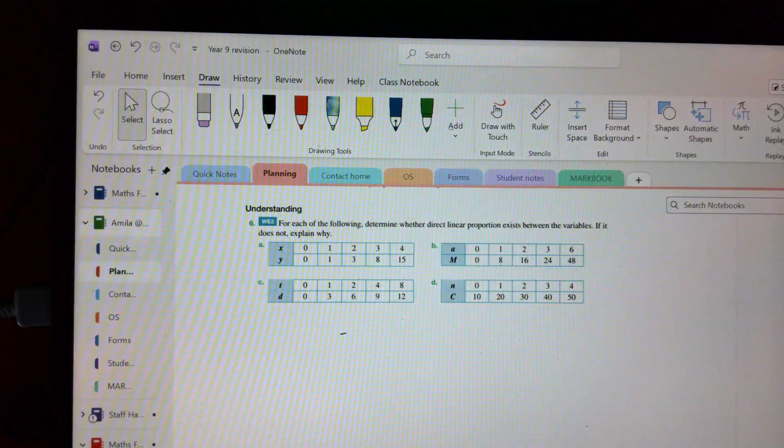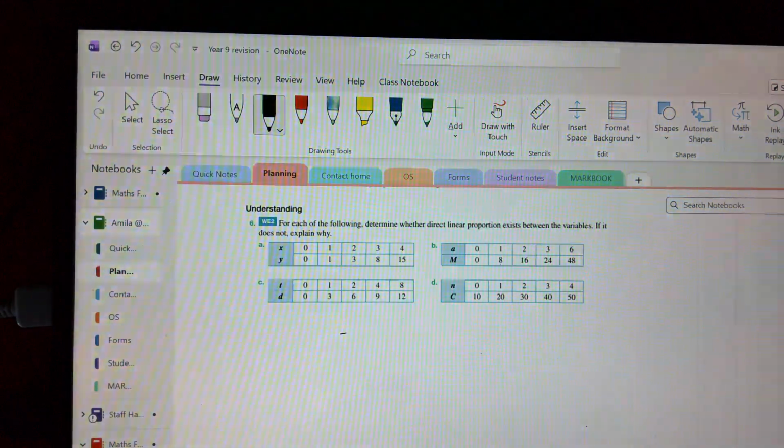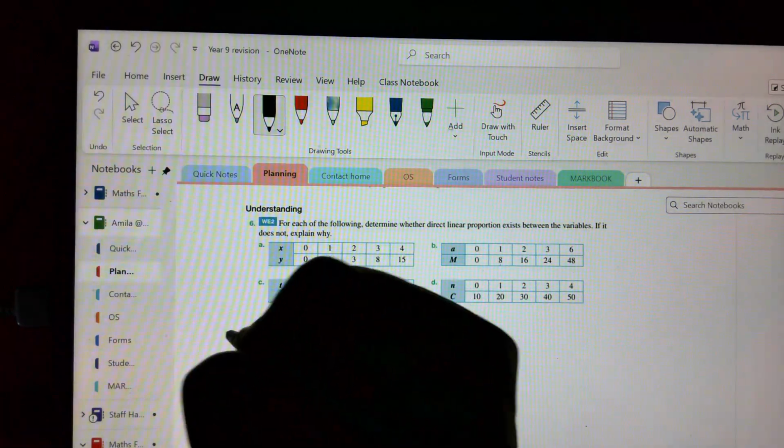Alright, for this I'm going to do A and B, and all you have to do is determine whether the direct linear proportion exists between our two variables. What that means is we are looking for our k value.